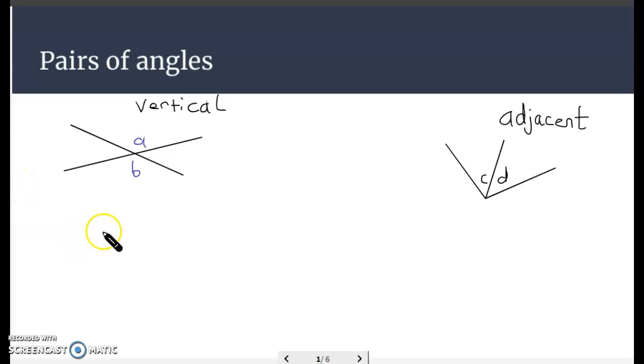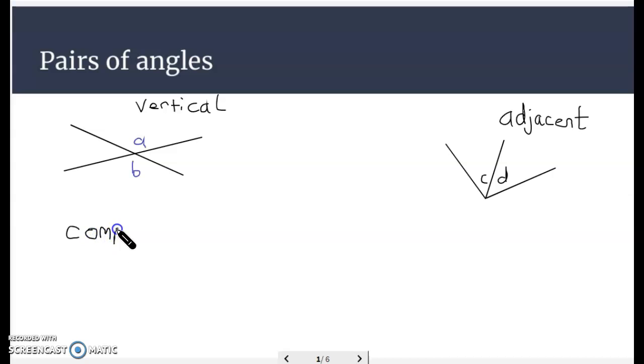Alright, the last two pairs of angles we're going to talk about, complementary. I have a big word to spell here, and also supplementary. Alright, complementary.